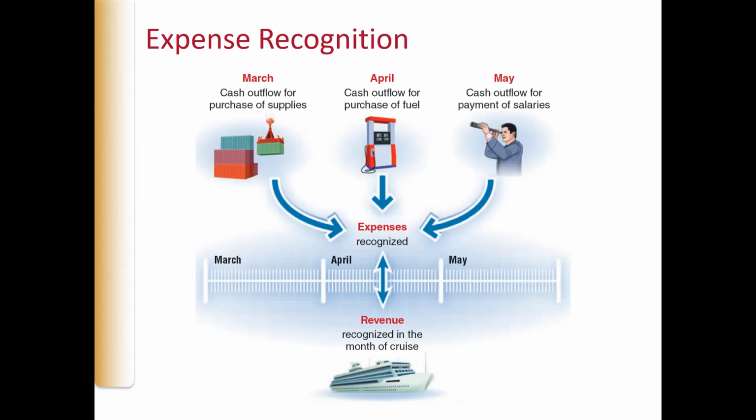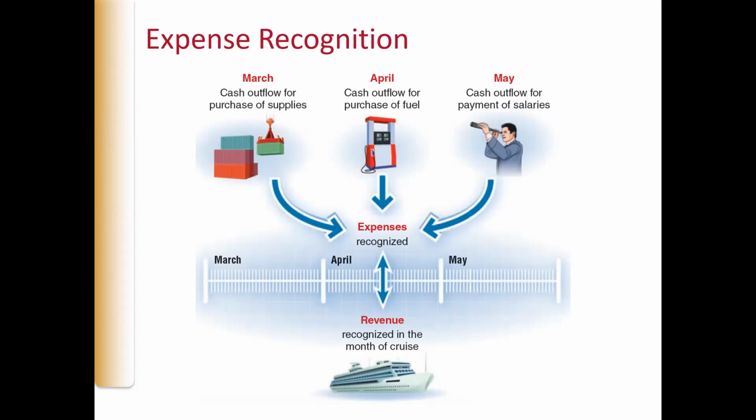And then in May, they paid the salaries for the employees that worked the cruise ship in April. So throughout March, April, and May, there were costs, or cash was going out for various sources for the cruise ship that occurred in April.